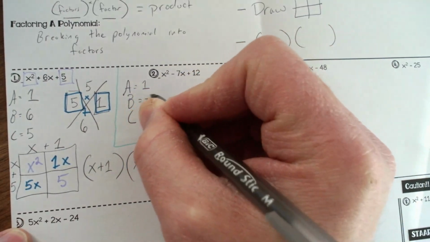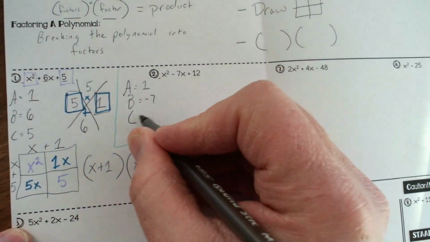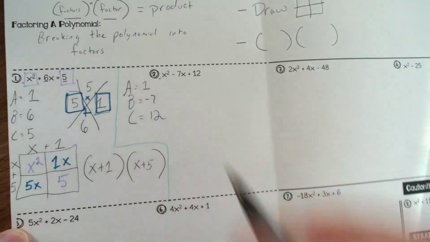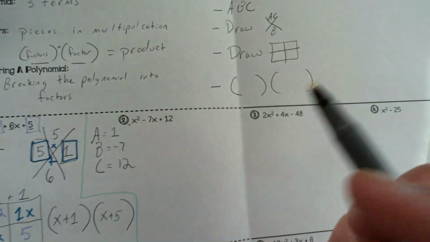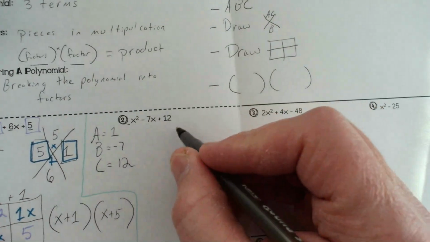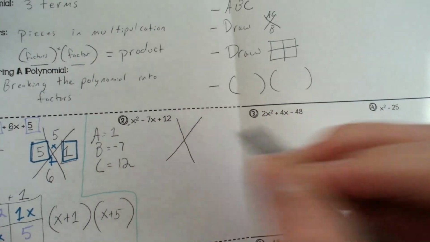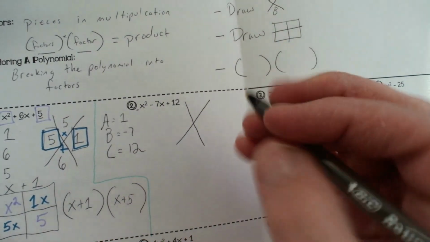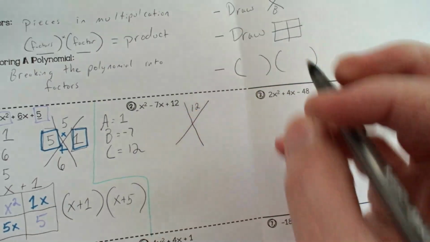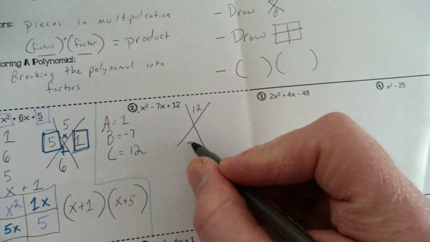My B value is -7. My C value is 12. Step number 2, I draw my X. I do A times C on the top, which is 12, and B on the bottom, which is -7.